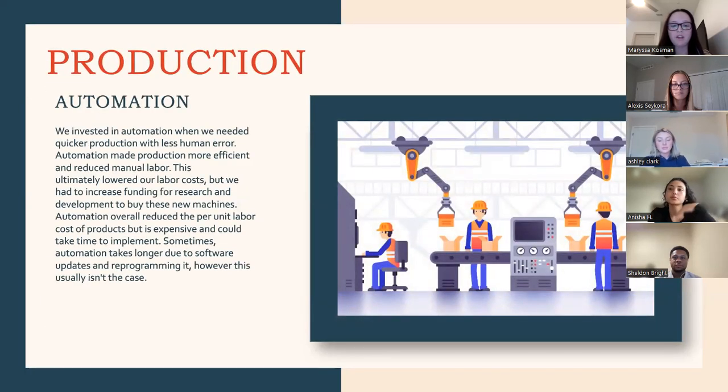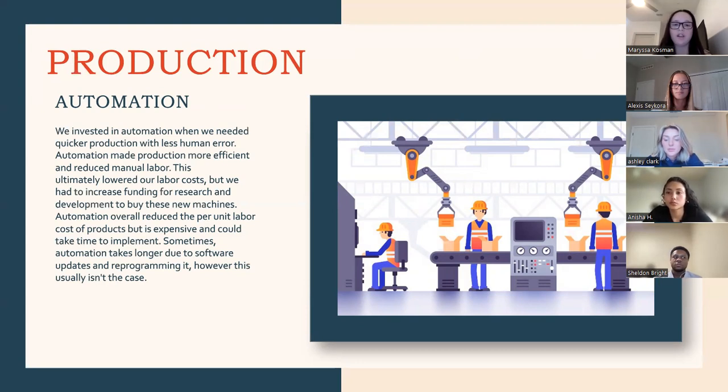So when it came to production with our automation, as said before, we invested in this when we needed quicker production with less human error. We needed to reduce manual labor and be able to work overtime shifts if we needed to. This lowered our labor costs, but we did have to increase our funding, as Anisha said, for our research and development section to buy these new machines.